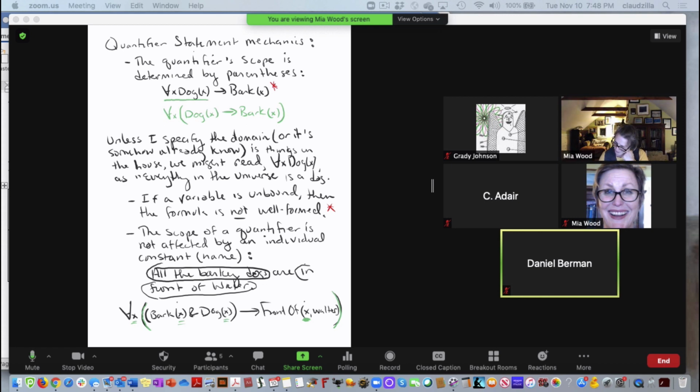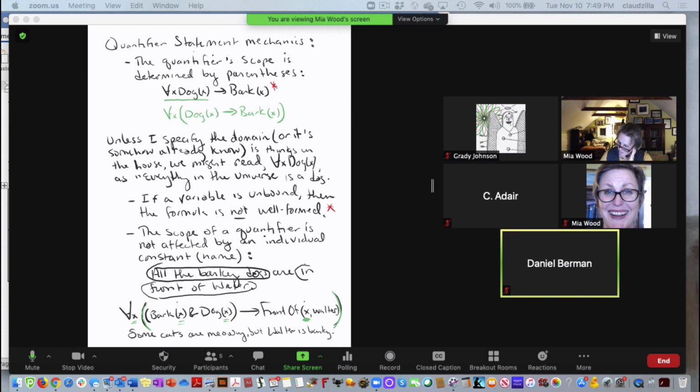Let me give you another example of the idea of the scope of the quantifier, right? Suppose that the sentence is this instead: some cats are meowing, but Walter is barking.